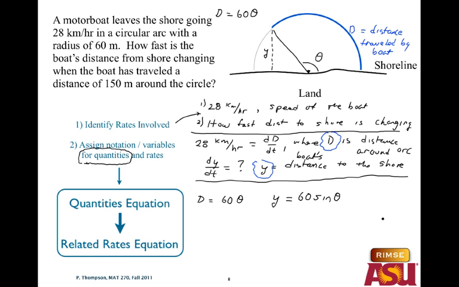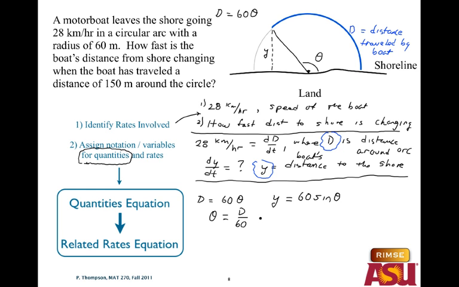So now, what did I need? I need an equation that relates y and D. How do I get that out of these two equations? Well, I can make theta equal D over 60.